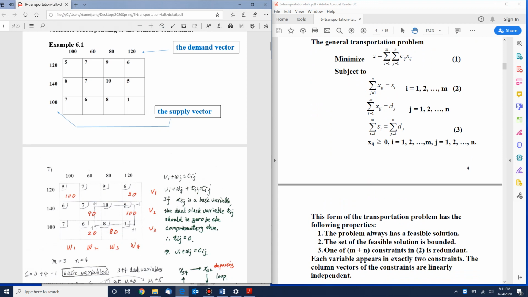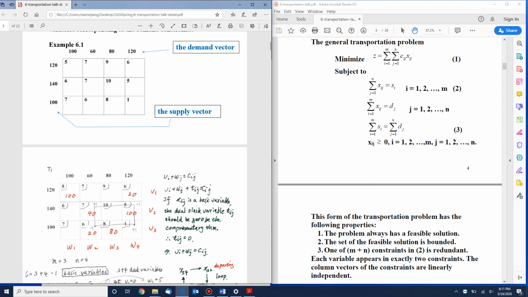But since supply equals demand, we have an extra condition. This makes the total supply and demand constraints one less. Just one of them should be redundant.